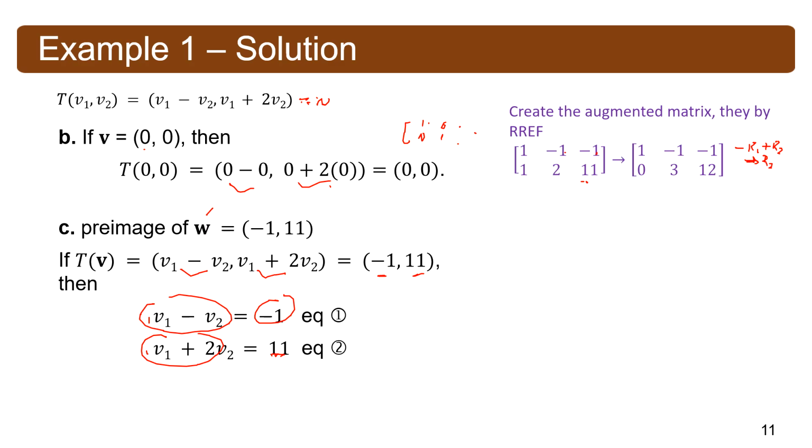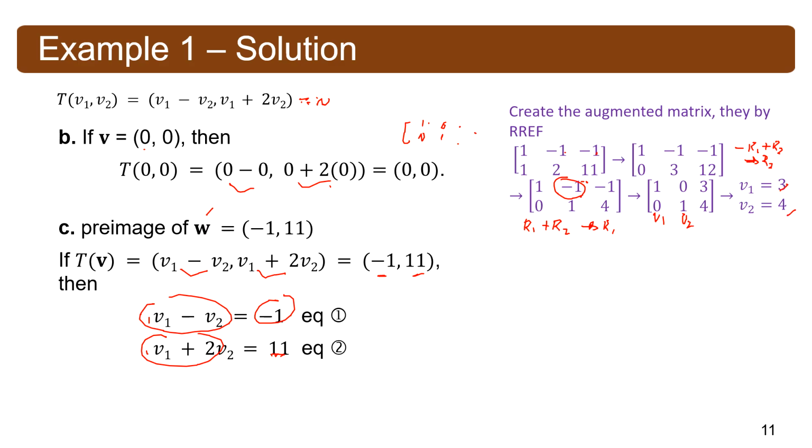And then you make this 0. Very simple, just add R1 and R2 to get the new R1. And in here you can see this is your v1 and this is your v sub 2. v sub 1 is equal to 3, and v sub 2 is equal to 4.